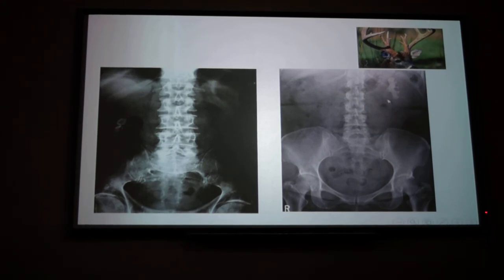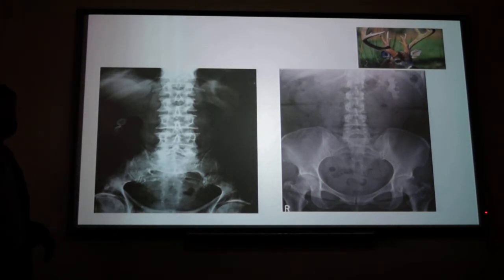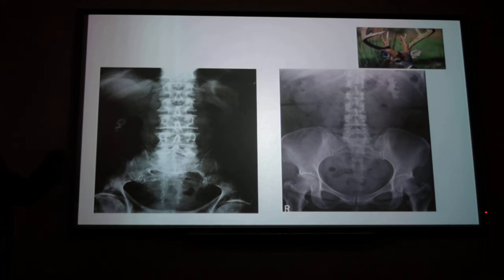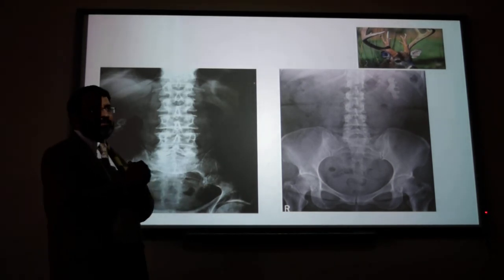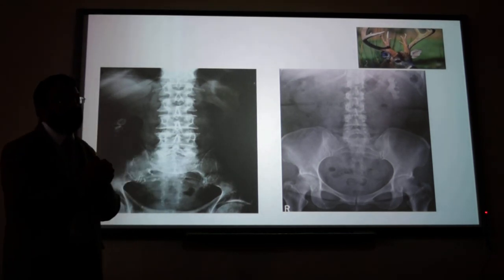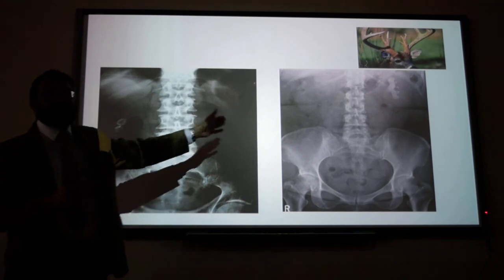So what does this do? If you don't get it out, obviously the kidney would over a period of time lose its function. By the way, would urea and creatinine levels be raised? No. Why? The urea and creatinine levels would not be raised. There is another kidney to compensate for that.